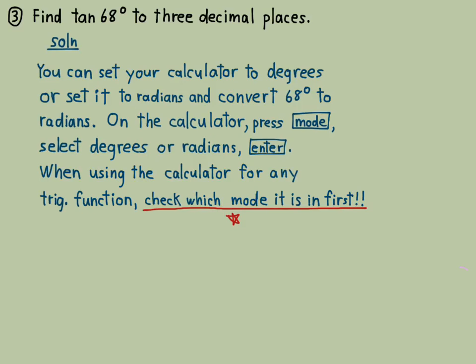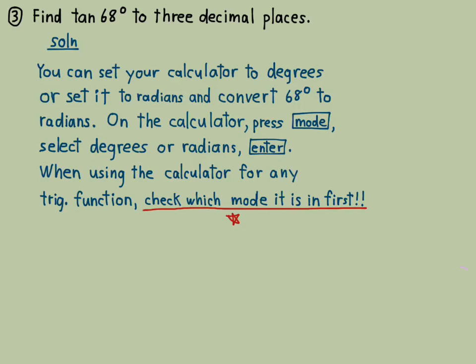So you set your calculator to degrees or to radians. So let's say we want to set it to degrees. We would go to the calculator, you press the mode key, and then you would select degrees or radians from the screen that comes up. You'll see there's a place where it says degrees or radians, and you just select using your up and down, right, left arrows, and press enter on the one that you want.